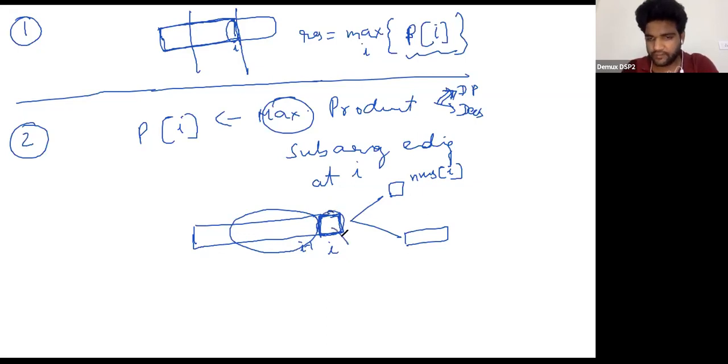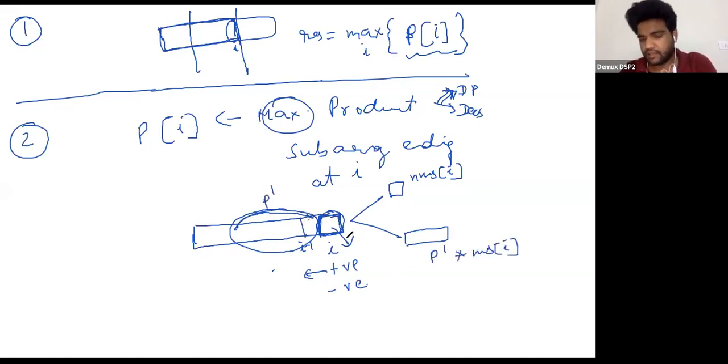Now see, this nums of I can either be positive or negative, right? If it is positive, then you are good. Whatever the maximum product subarray you get ending at I minus 1, let's call it P prime, you could multiply that P prime with nums of I and you will get the maximum for I, and you can take the maximum of these two.